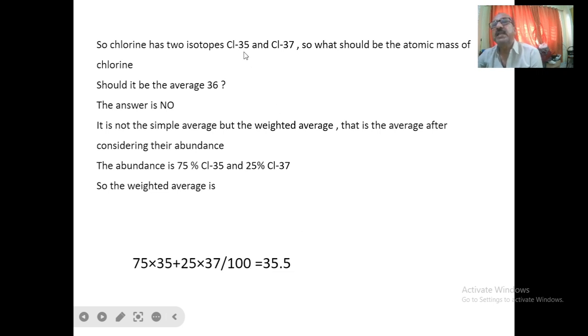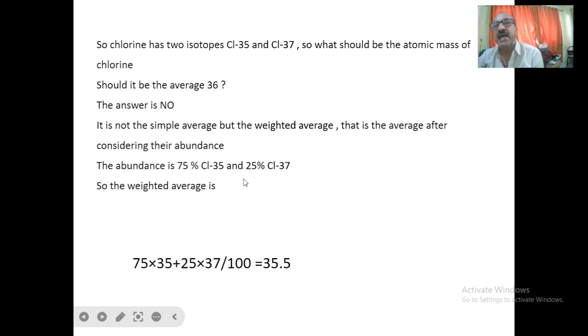That is because chlorine has 2 isotopes, chlorine 35 and chlorine 37. But the average should not be considered as 36, because they are not present in equal abundance. Out of all the atoms present in nature, 75% are of the chlorine 35 type and 25% are of the chlorine 37 type.